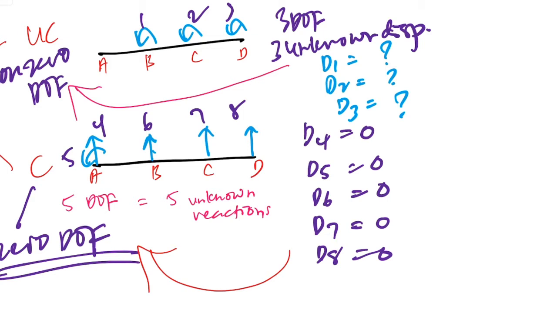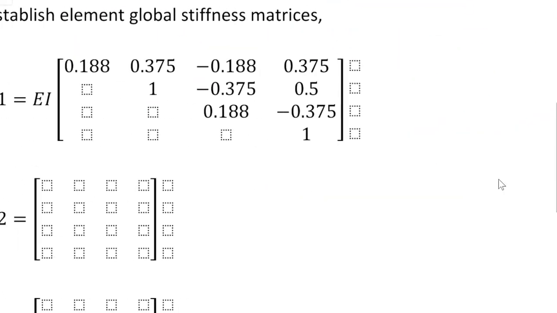So we should label as 4, 5, 6, 1. So this is 4, 5, 6, and 1.